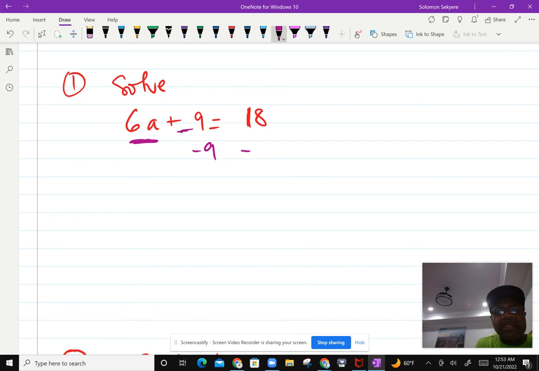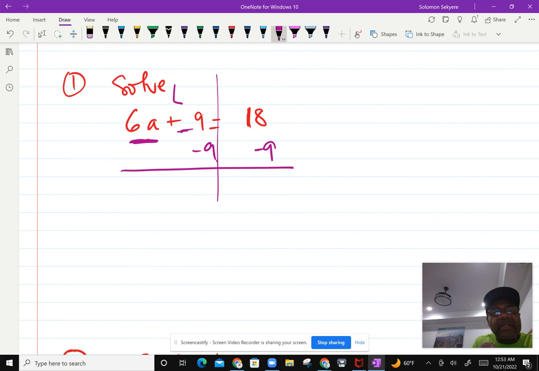So it's plus here, you subtract 9 from both sides. Keep your work neat. 9 minus 9, the 9 is gone. I only have 6a left. 6a equals 18 minus 9, which is 9.